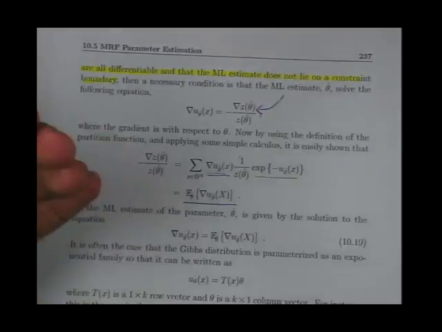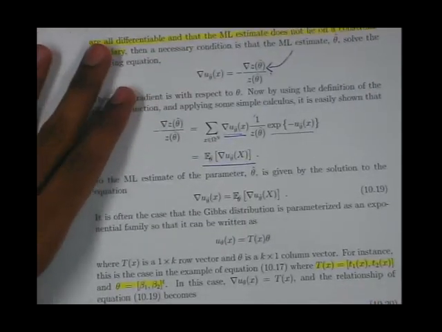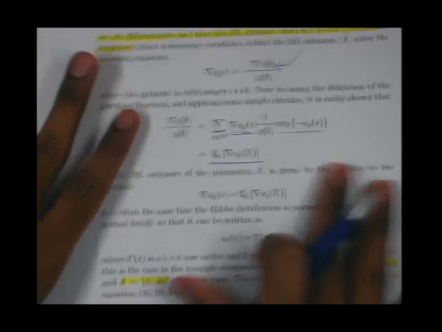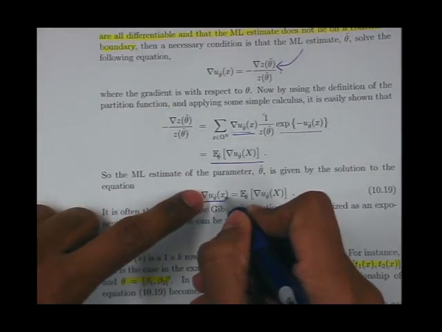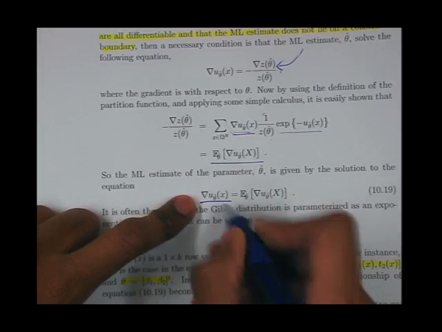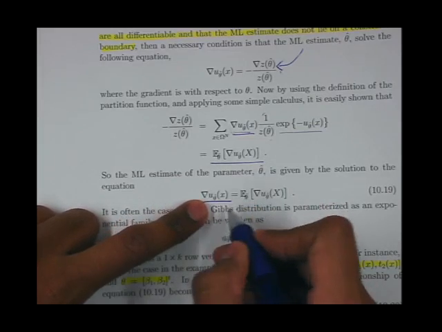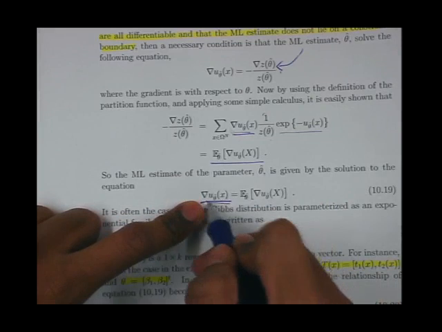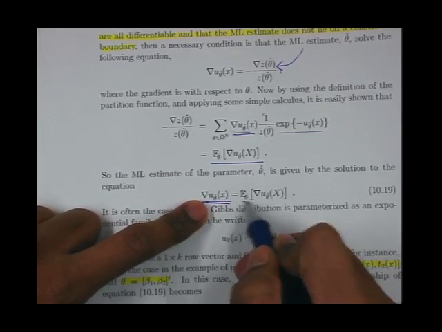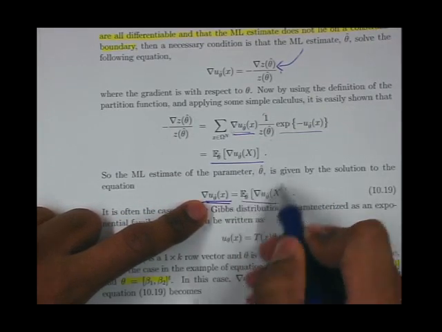So let's step back for a second and look at what this means. We're trying to solve for the optimal theta. The optimal theta is obtained by solving this system. So this is an observation x. You take the energy function, find the gradient. Now, the optimal value of theta has to be such that the gradient of this should be equal to the expected value of the gradient.